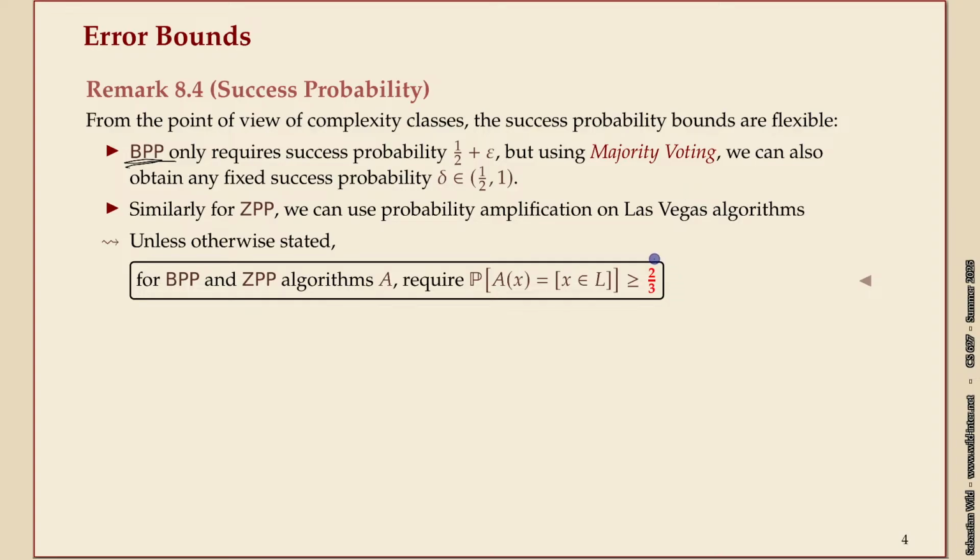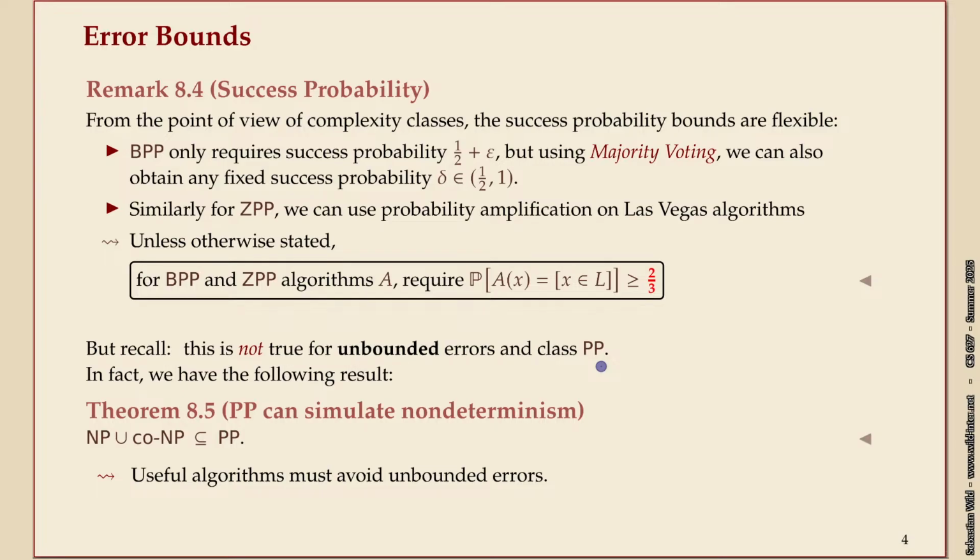But what we'll assume is that we have a success probability of 2/3 if nothing else is stated. That will make one or two calculations easier later. That's true for BPP and ZPP. We know for PP, for the unbounded error algorithms, we can't actually make such an assumption and stay in polynomial time. At least not with a simple repetition. That's what we showed in the last section.